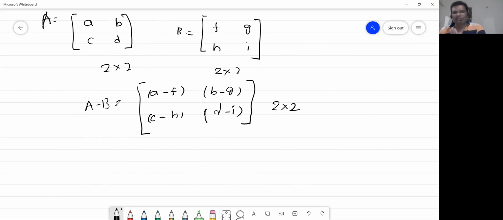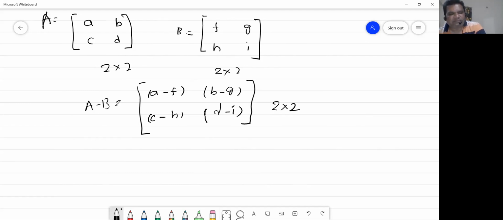All those things are not required for you, but in general, for addition the orders must be the same, and for subtraction the orders must be the same. Now one small idea I have to explain.